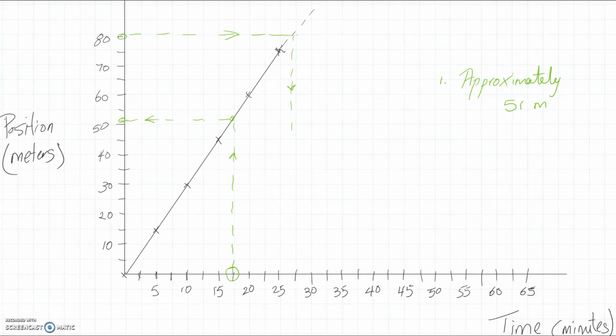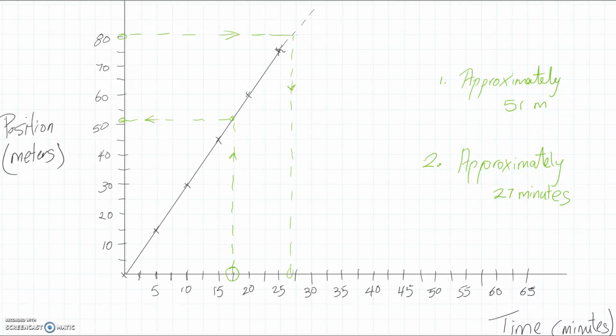So coming down here, wherever it hits the x-axis, that's about 26. So for question 2, we would say approximately 27 minutes would be the answer for number 2.